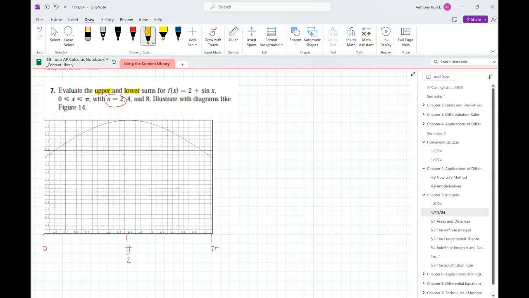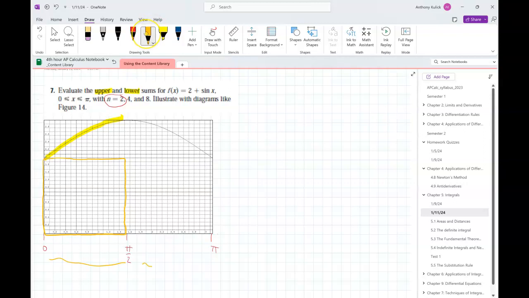So when it says lower, what it's talking about is I want the minimum y value from this first interval. That happens here, right? So that would be my first lower rectangle. Wait, so why did you do that again? Is it because it's the lower? Because if I look at the curve on that interval, it's the lowest value on the curve, right?